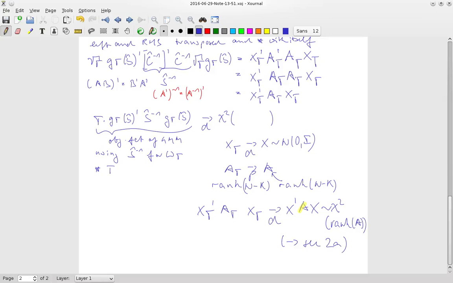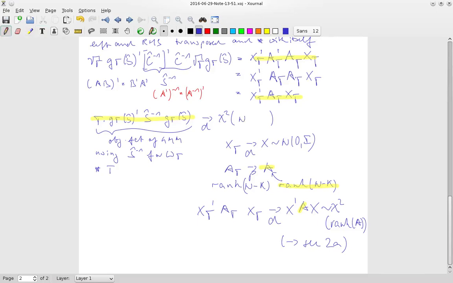Okay. So now this is already the result. We can show that the right hand side of the equation is going to converge in distribution to a chi-square distributed random variable, and of course so is going to be the left hand side of the equation, our objective function of GMM evaluated at the true parameter values, and the degrees of freedom of the chi-square distributed random variable is equal to the rank of A, and we figured out that the rank of A actually is n minus k.